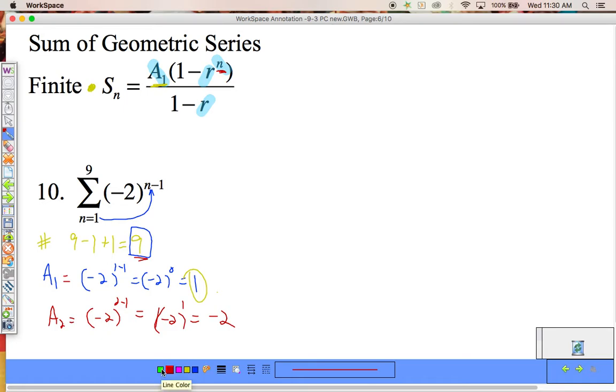All right, so I found the second term. Since I have the second term now, to get my ratio, I'm going to do my second term divided by my first term and get a ratio of negative 2.